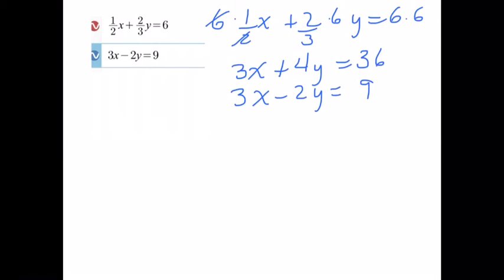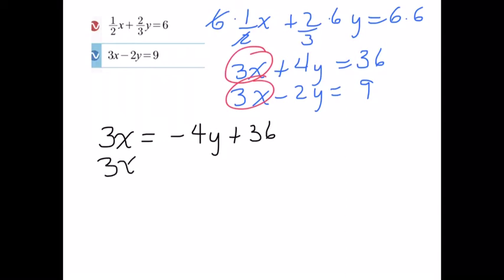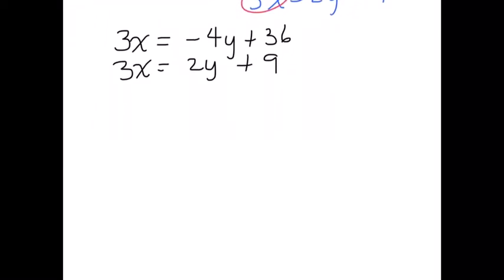All right, well, what's our equal thing? Well, there we go, that's our equal thing. That makes it easy. So watch your signs here. 3x equals minus 4y plus 36, and 3x equals 2y plus 9. And we can do our equality. So minus 4y plus 36 equals 2y plus 9.